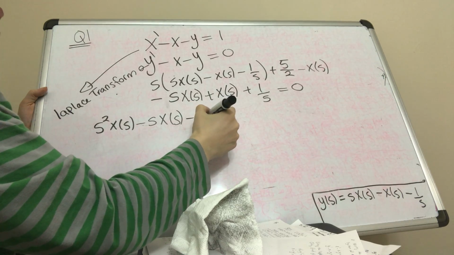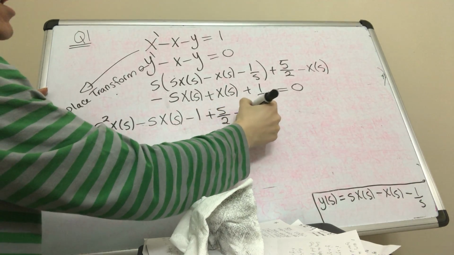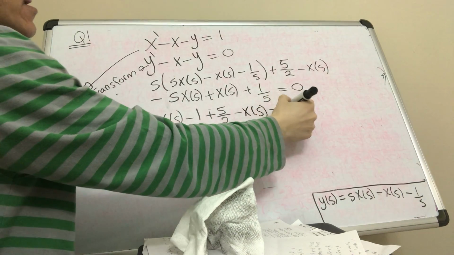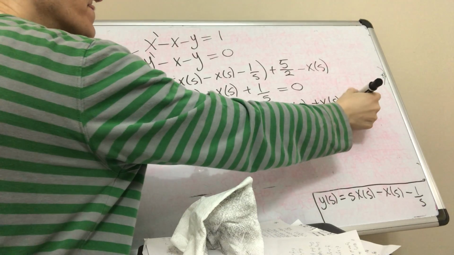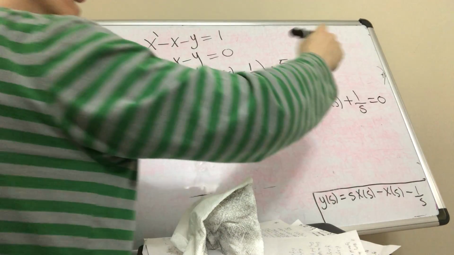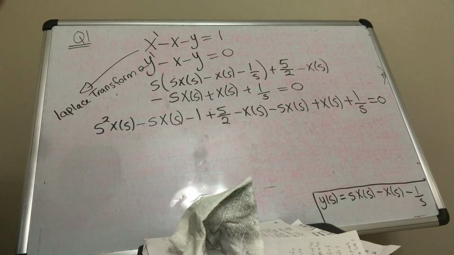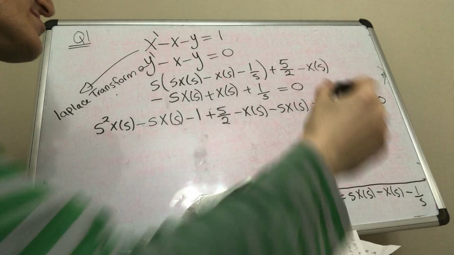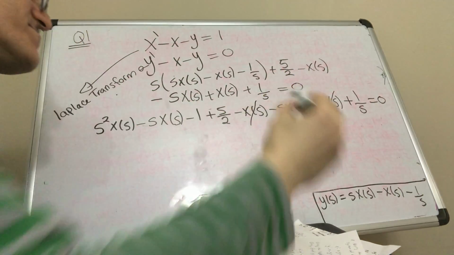This one is negative 1 now, plus 5 over 2, minus X(s), s X(s), X(s), 1 over s equals 0. This is not 5, this is s. You'll see that this and this, they cancel each other.